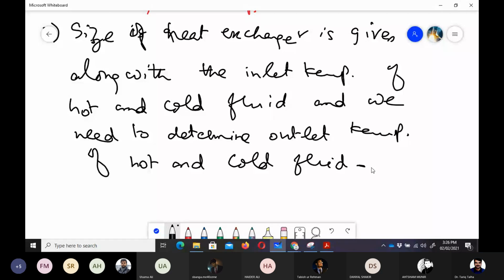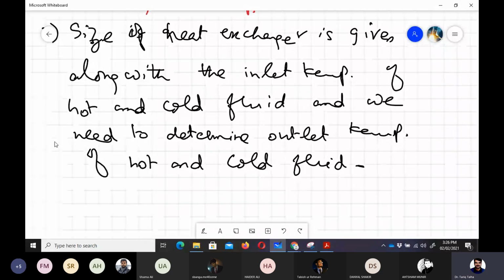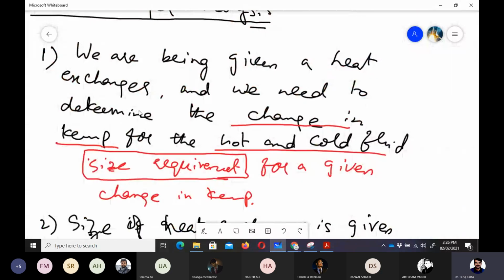Now, in the first case, let me repeat it again. The change in temperature required for the hot and cold fluid is our input parameter, and we need to determine the size of the heat exchanger needed to have that change in temperature.